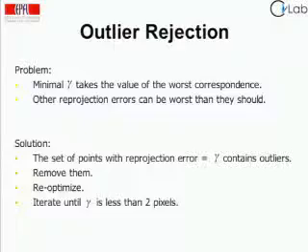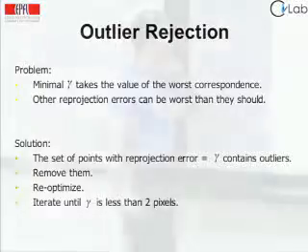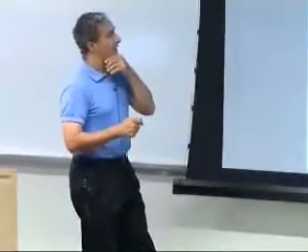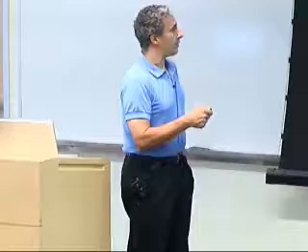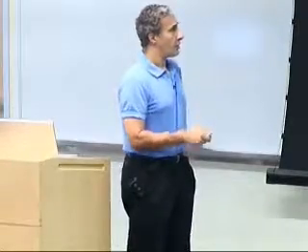The one problem with this, and people have complained about this, is if you just do it this way, it is not robust to wrong correspondences. Because as soon as you have outliers, it will produce a bad result.